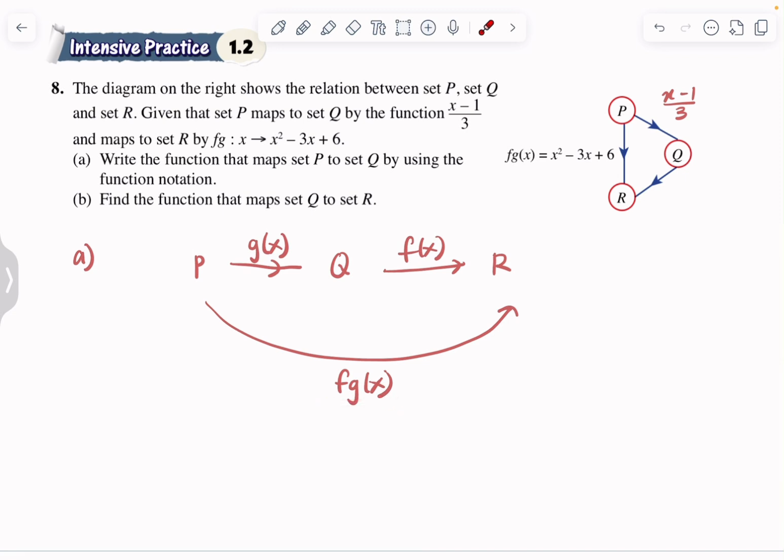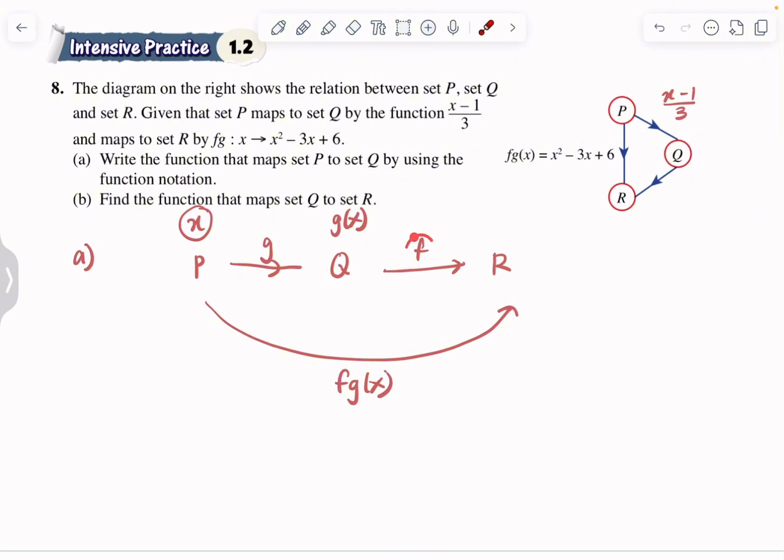I'll tell you why. Let's say this is x. We start with x. If this is the function g, then Q will be g(x).